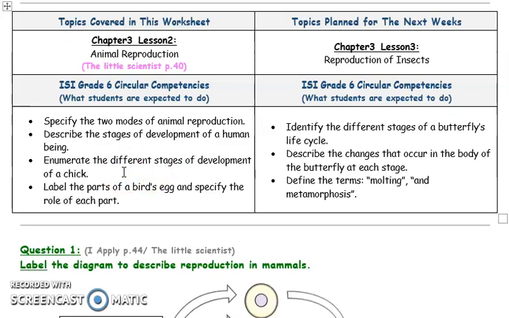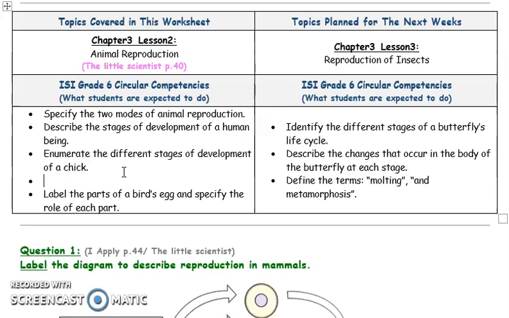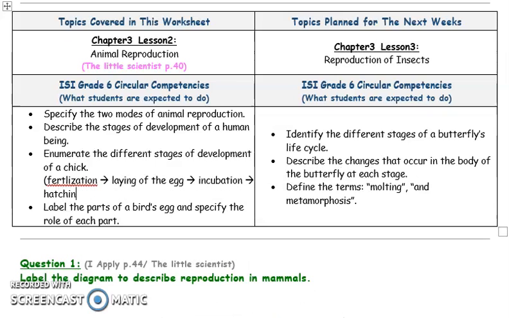What are the different stages of development of a chick? 4 stages. Fertilization, then laying of the egg, incubation, keeping the egg warm, and hatching.